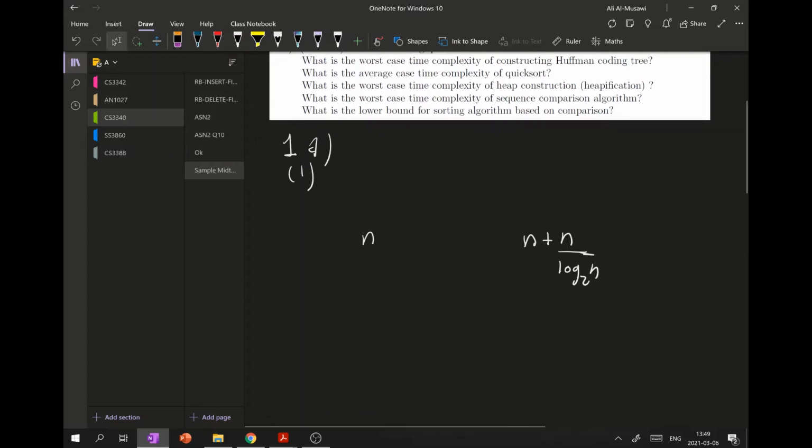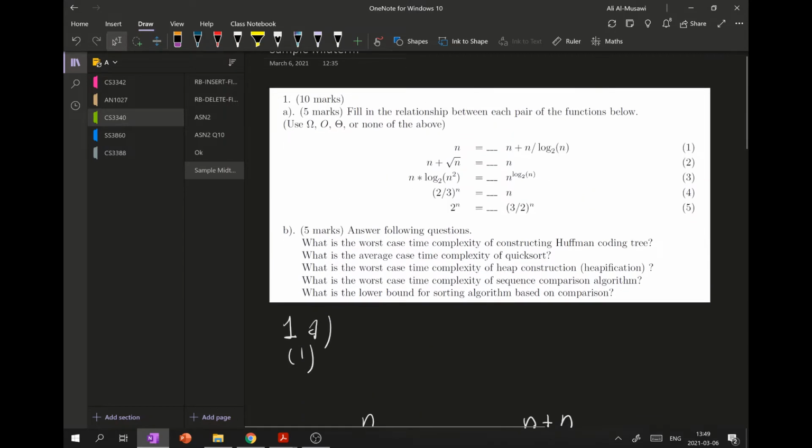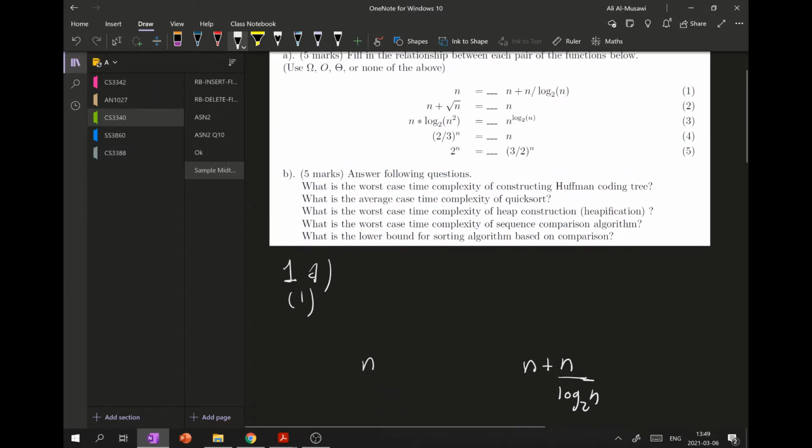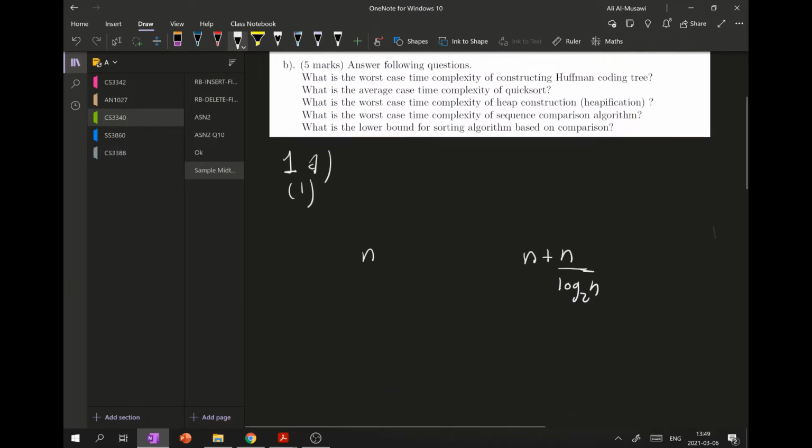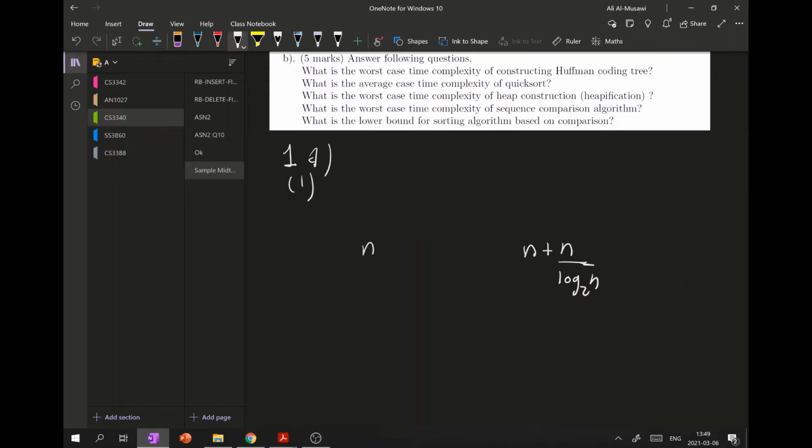The first thing we need to notice is that we have to pick one of omega, O, and theta. Theta is more general than the other two, but looking at this, we can see that n appears over here. So we're adding something to that n, so intuitively we know that this is going to be less than or equal to that.